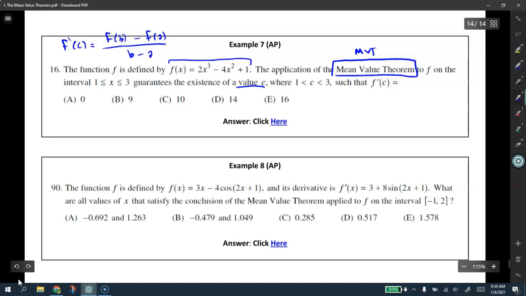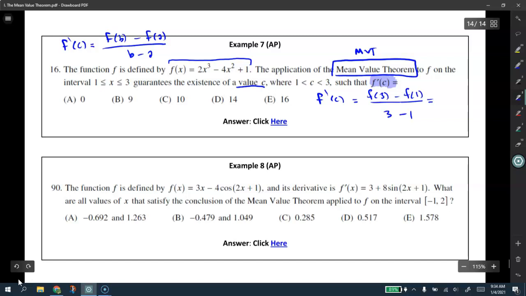What they're really telling you is that f derivative of c is equal to f of 3 minus f of 1 over 3 minus 1. Look at how the question is structured. It is simply asking what that f derivative of c is. They don't actually want you to find the point c. So in essence, it's actually easier than what we learned in the lesson.